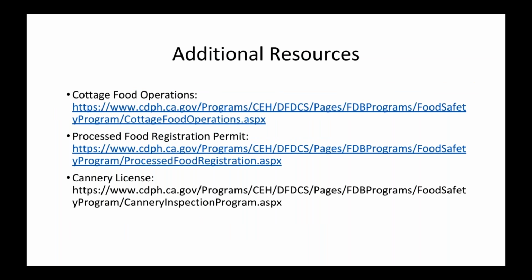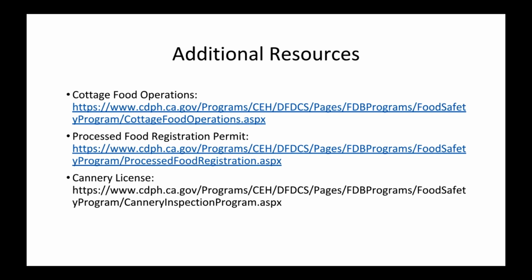We're also referring you here to the California Department of Public Health Food and Drug Branch website, which has very detailed information on cottage food operations. You can find the law itself linked at their website, as well as the list of foods that are approved cottage foods.